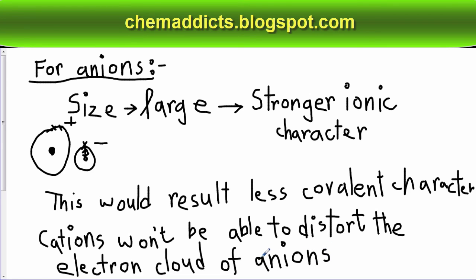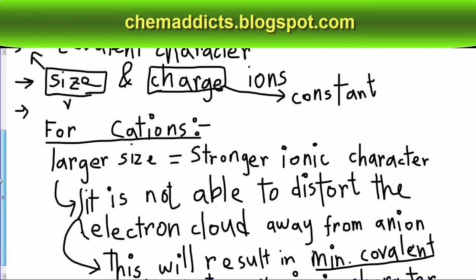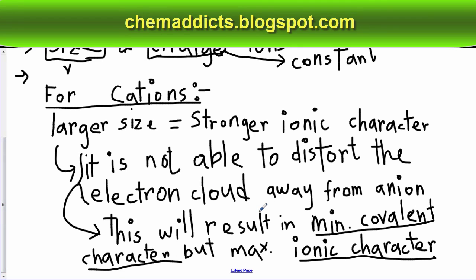So this will result in low covalent character and very high ionic character, just like for the cations that we have discussed before. Here this will result in minimum covalent character but maximum ionic character, for these reasons.